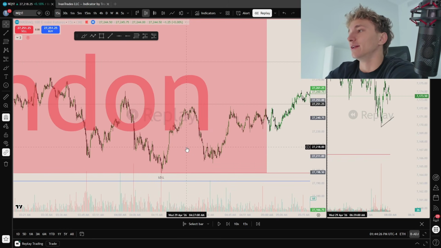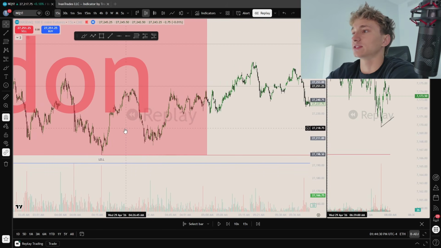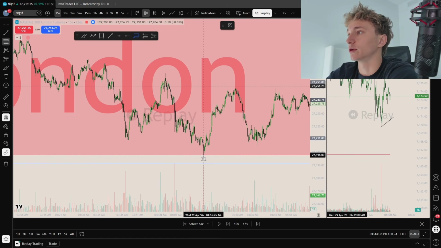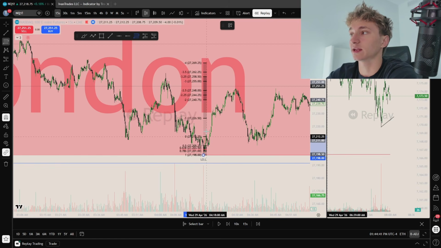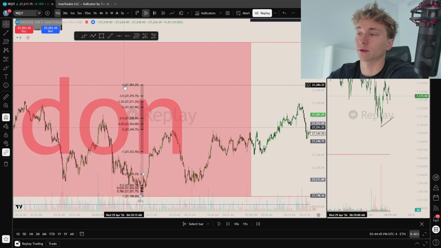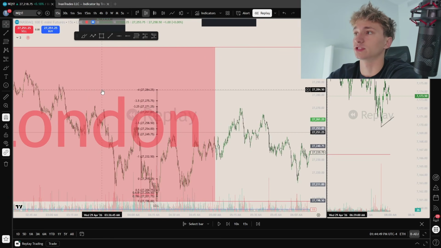So we take a look at this 15 second, and on this 15 second, you can see that we can now draw out this OTE range. We can take it from this low, which is the lowest point that we have. This is London low, and we can take it up to this high. This is going to give me -4 right up here, which is where the market delivers to. -4 actually lines up with this dotted line.